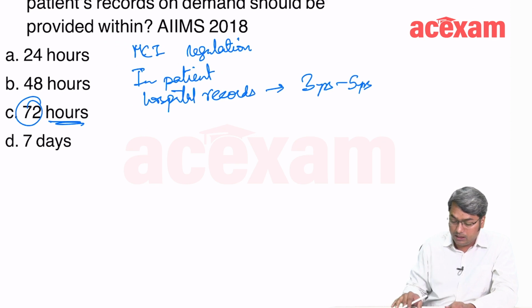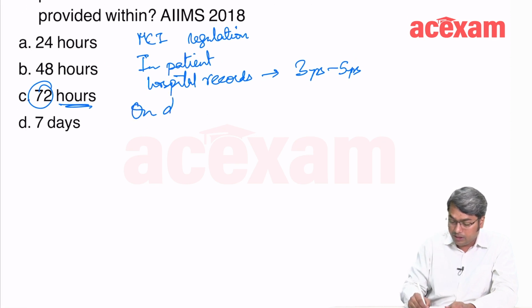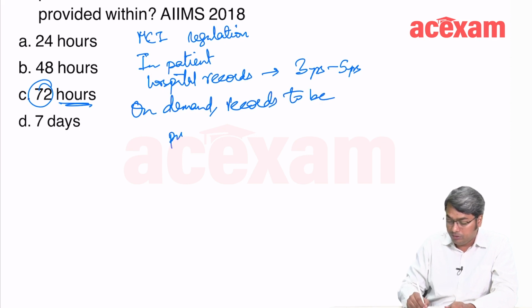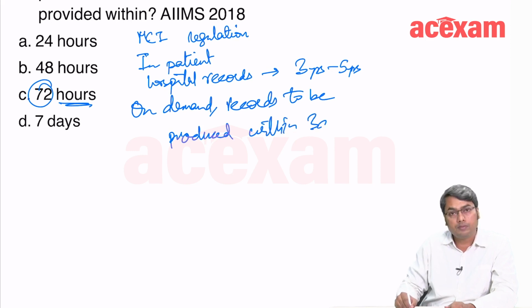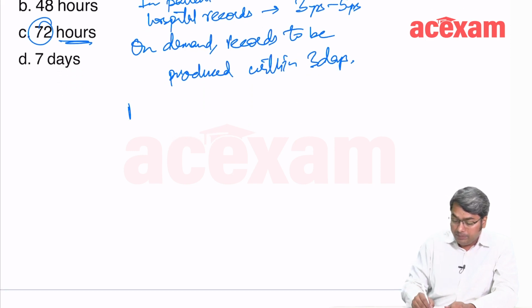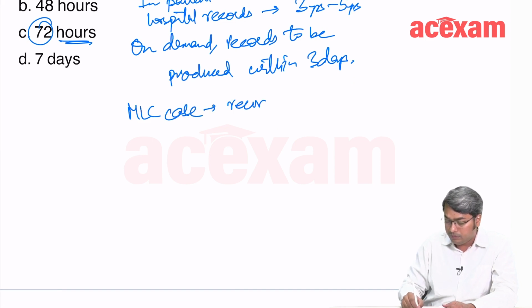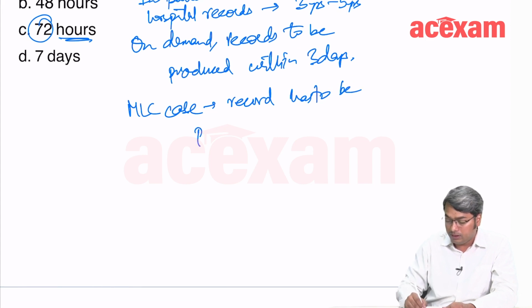And on demand, if there is some demand from the patient's relatives, then these records have to be produced within 3 days. All right. If there is any MLC case, then that record has to be preserved indefinitely. There is no time limit for this. All right, that record has to be preserved indefinitely.